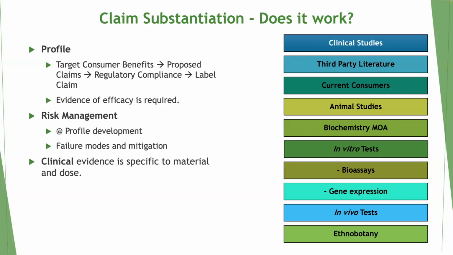Echinacea, American Indians, it goes way back into time. Indians in India and ashwagandha has a long, long history. So all of those pieces can fit into the ethnobotanical and help build a dossier that says that we have the data to substantiate this claim. Excuse me, and can be provided to the FDA should they come knocking.